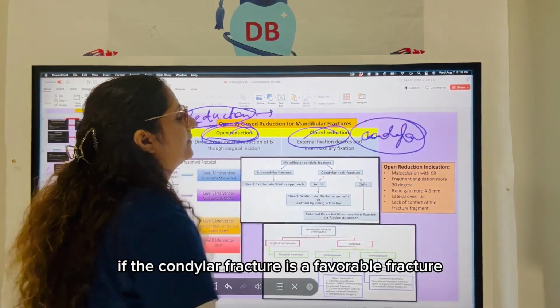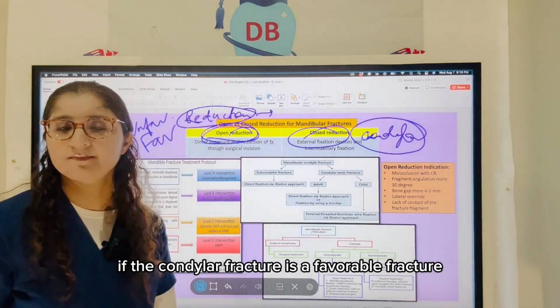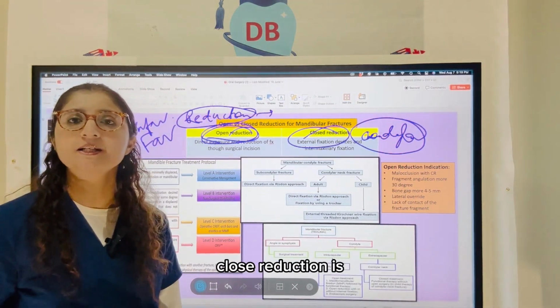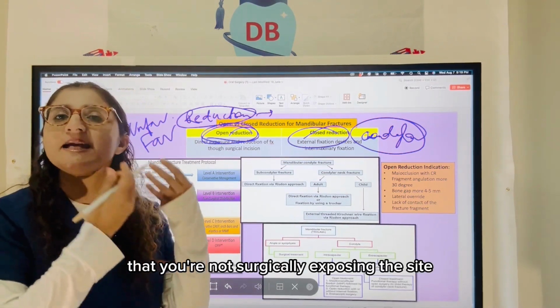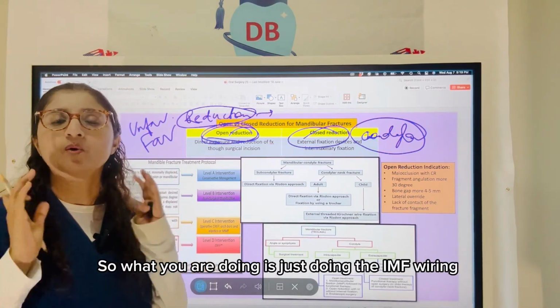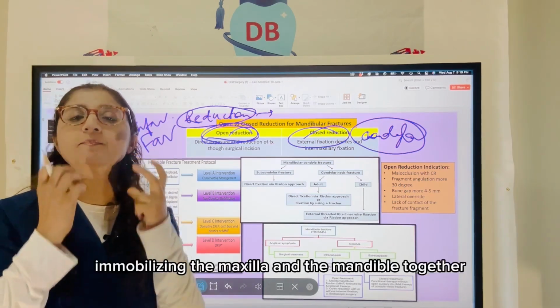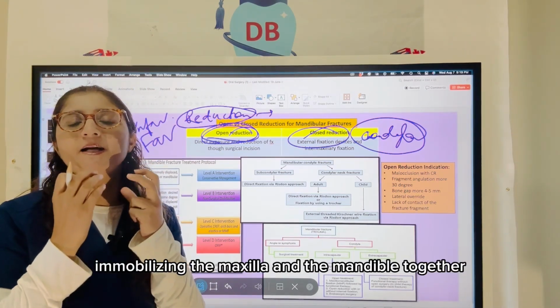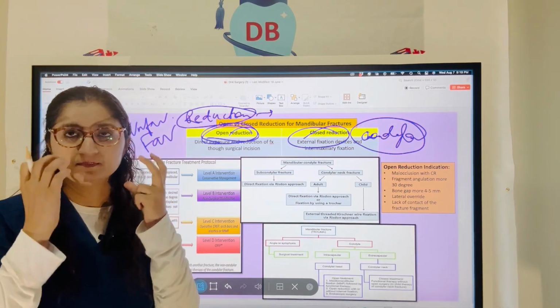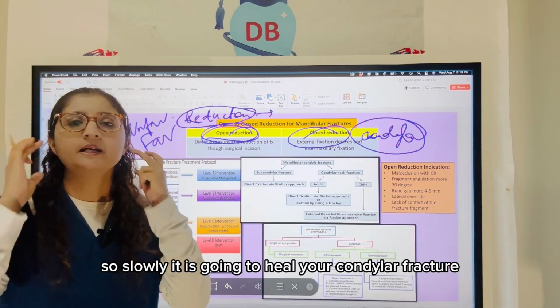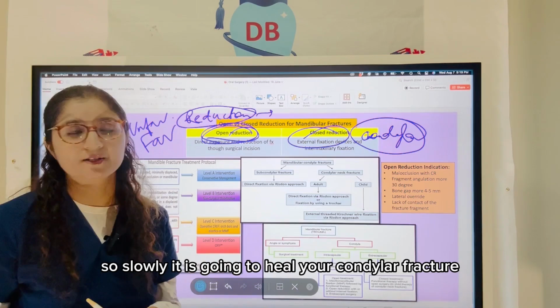If the condylar fracture is a favorable fracture, a simple fracture, then you can do a close reduction. Close reduction is when you're not surgically exposing the site. No. What you are doing is just doing the IMF wiring, intermaxillary fixation, and you're immobilizing the maxilla and the mandible together, both the maxillomandibular teeth together in occlusion. So slowly it is going to heal your condylar fracture.